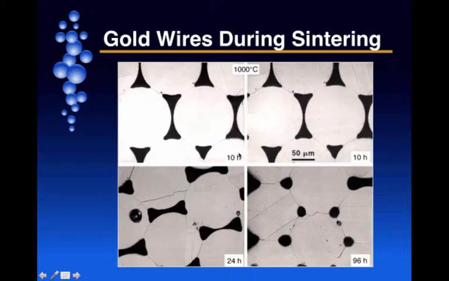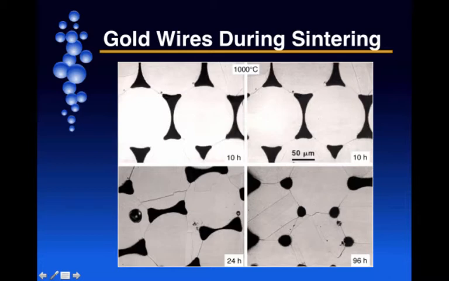As you move from 10 hours to 24 hours, you begin to see that there is a grain coarsening, and now you begin to see some spherical pores occurring from coalescing of this region over here, for instance.